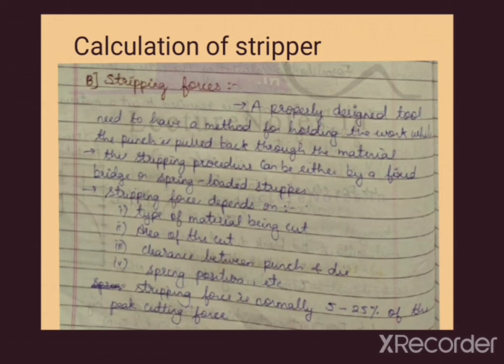Stripping forces depend on the type of material being cut, area of the cut, clearance between punch and die, and spring position. These are some factors on which the strip force depends.